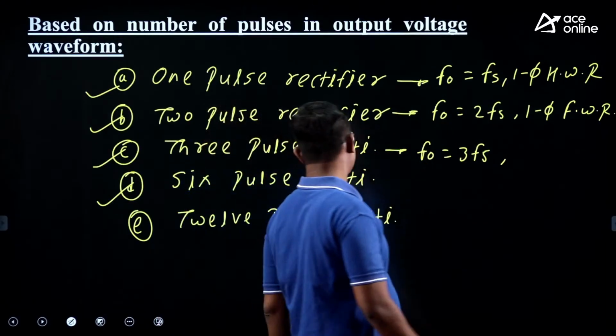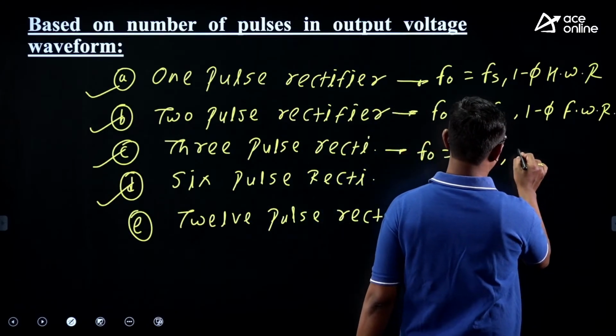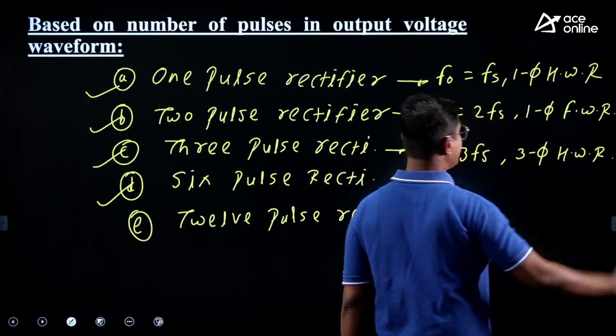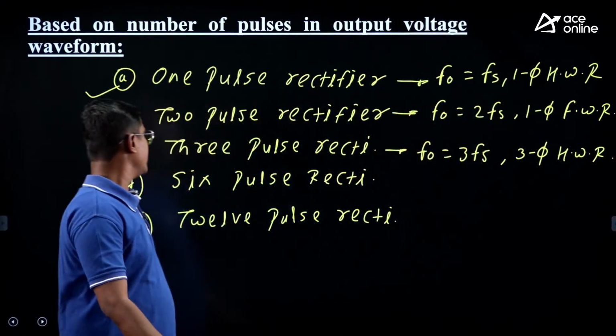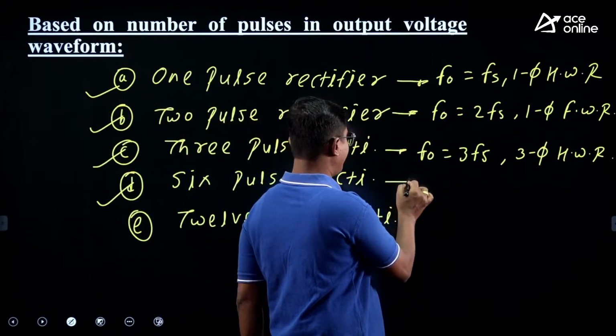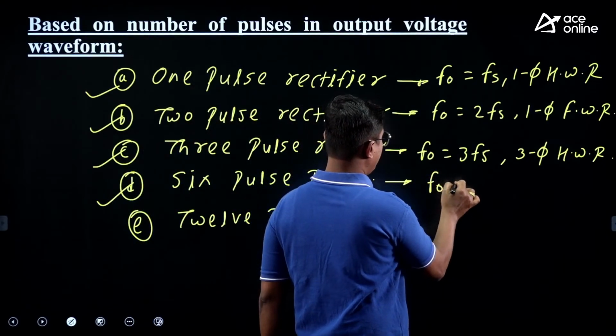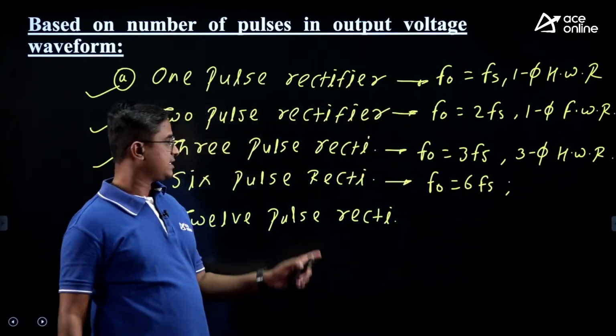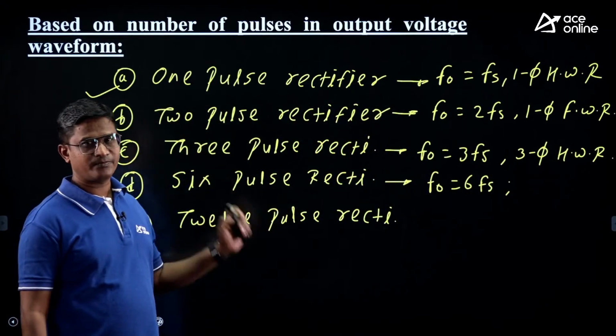Which rectifiers are known as three pulse rectifiers? Three phase half wave rectifiers. Next, 6 pulse rectifiers: F0 is 6 times Fs. It gives 6 pulses in output for one input cycle.